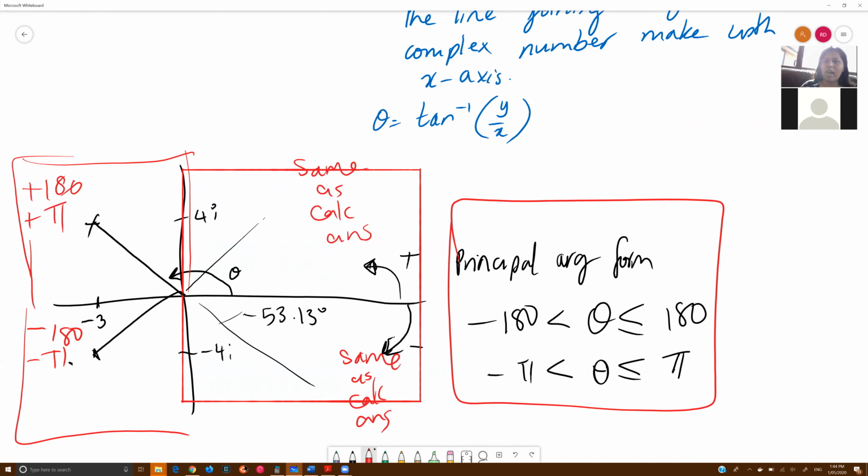I know it would be hard to constantly go back to the video, so just draw this in: in the top quadrant and the bottom quadrant on the right hand side, whatever you get in your calculator is the answer. But if you're on the left hand side, in the top quadrant, you add 180 or pi, and in the bottom left, you're going to take away 180 or take away pi.